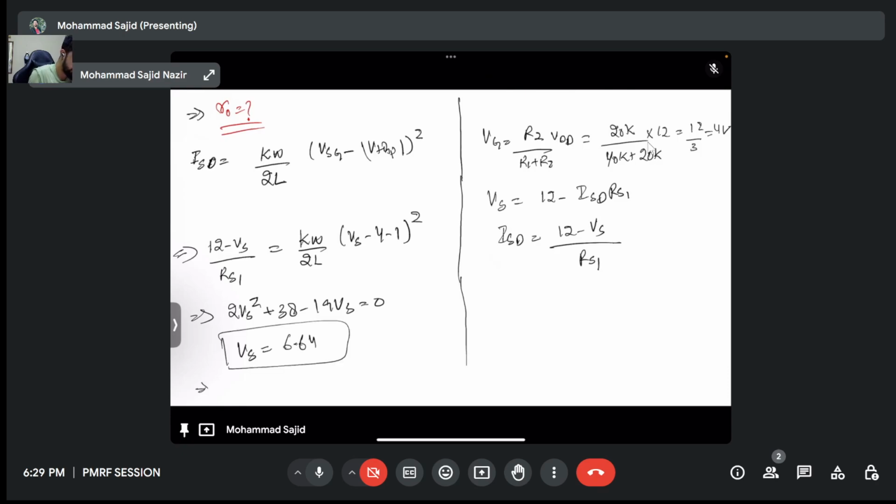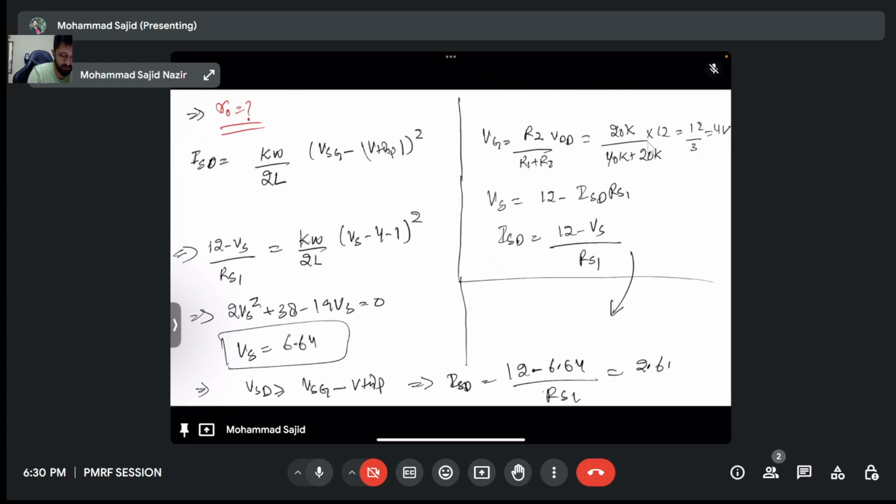And this means VSD should be greater than or equal to VSG minus VTHP. ISD is equivalent to (12 minus 6.64) by RS1, which comes out to be 0.6. So now we have ISD.